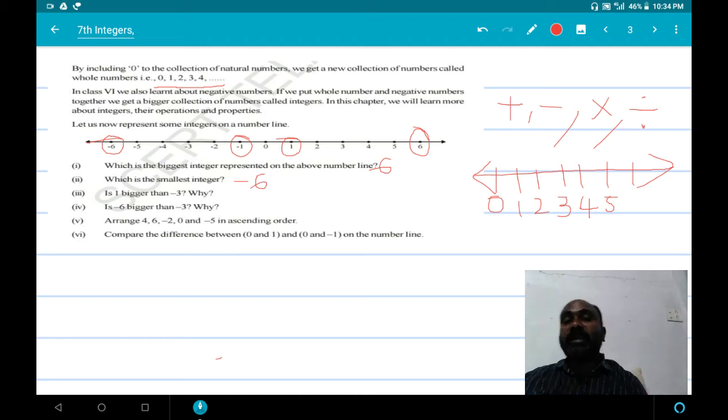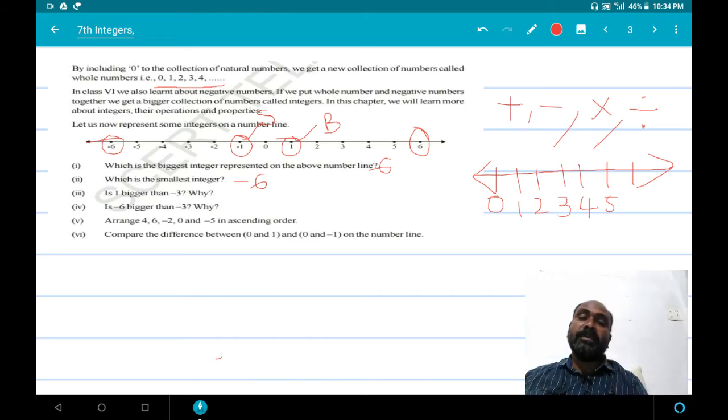We discuss that 1 is bigger and minus 1 is smaller, because minus 1 is on the left side of 1 on the number line.